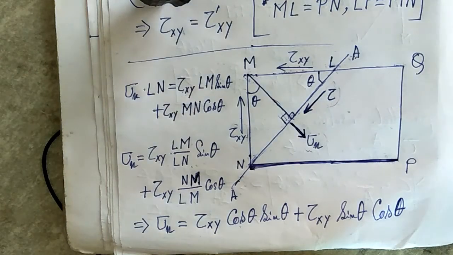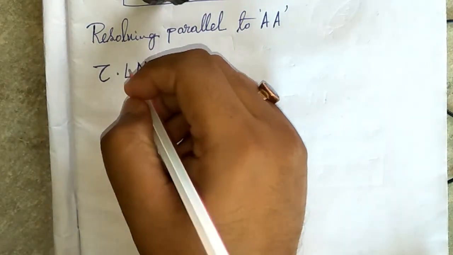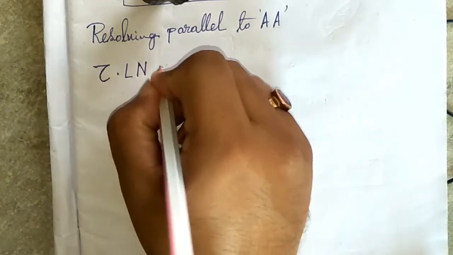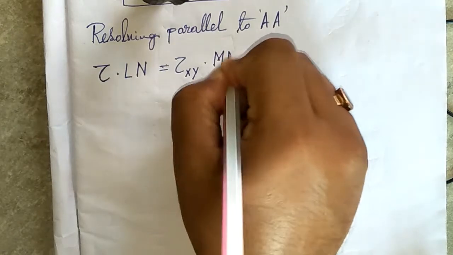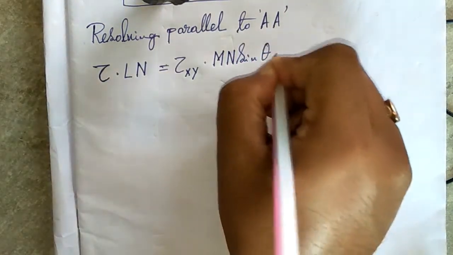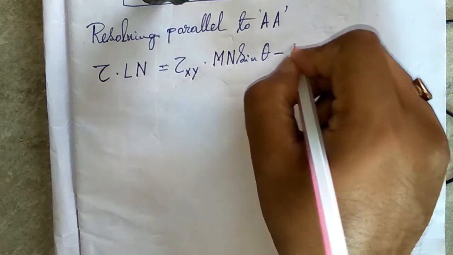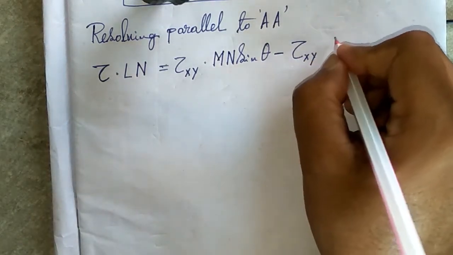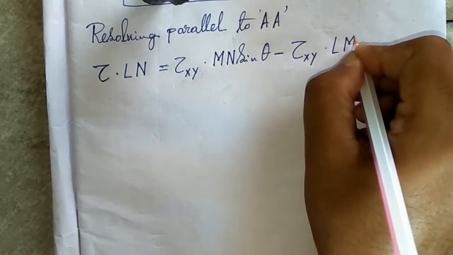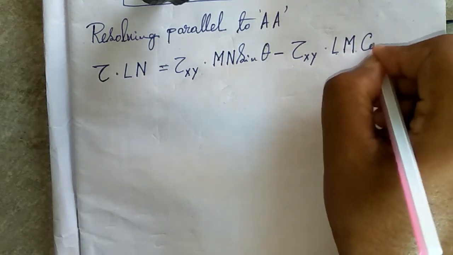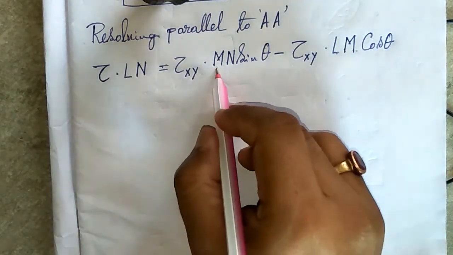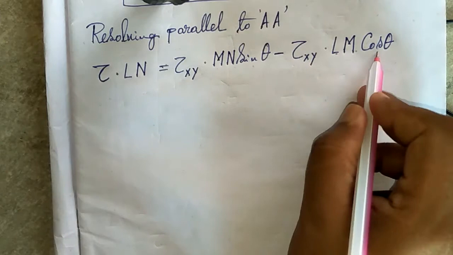Okay, so let's write the equation. As I have told, tau into ln, the shear stress along the ln, is equal to tau xy into mn sine theta minus, because the stress direction is opposite, tau xy lm cos theta.